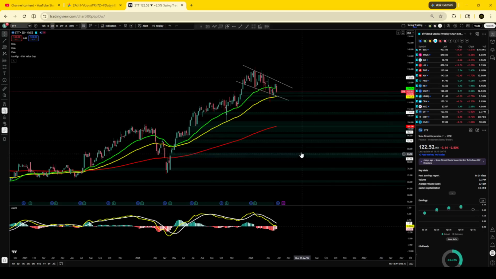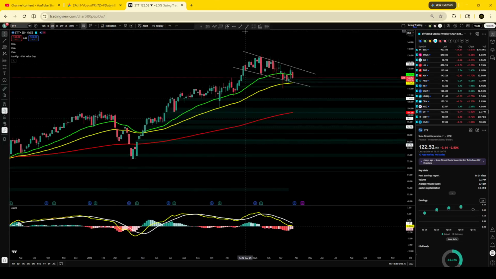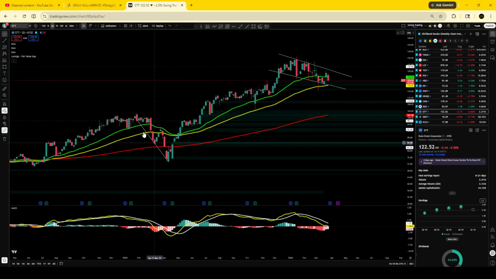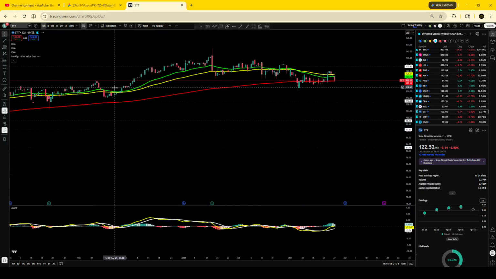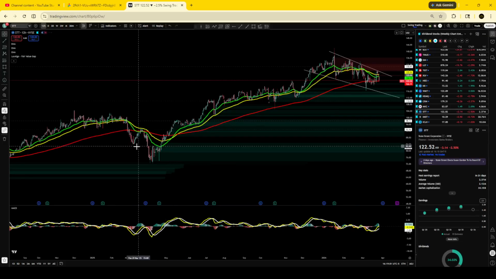This is repeatable. And on top of that, we have a double bottom right here. We have a double bottom, but this is on a smaller time frame. Yeah, double bottom, boom. So if this, then that.